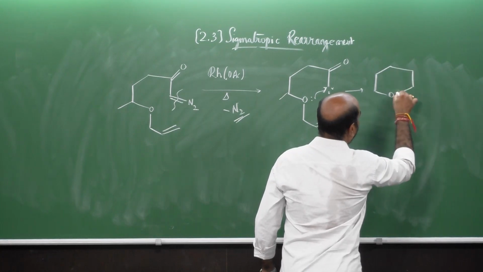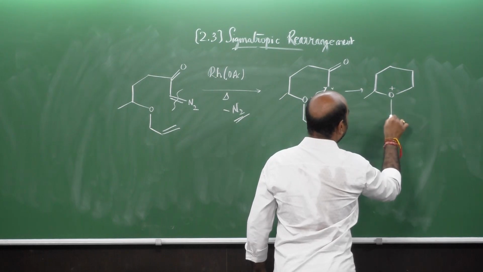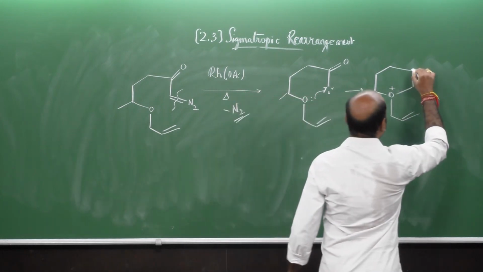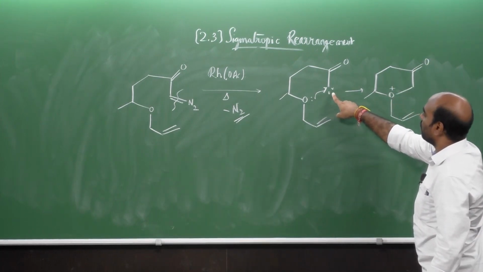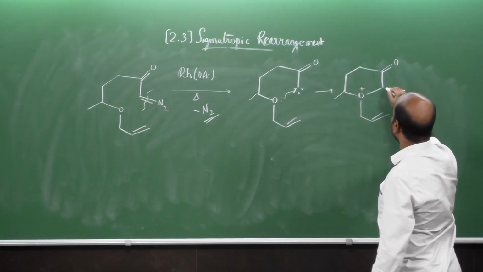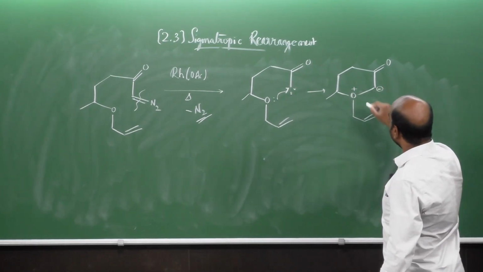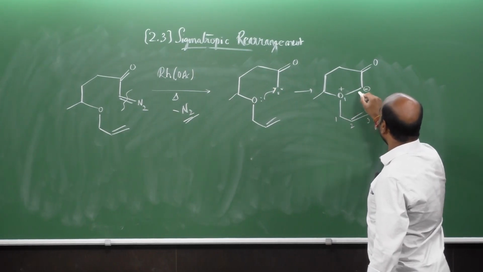So therefore, what will you be getting? Oxygen with a positive charge, double bond O, and because another electron is also coming towards this carbene carbon atom, you will see the negative charge over here. Okay. Now number it 1, 2, 3 and this is 1 and 2.